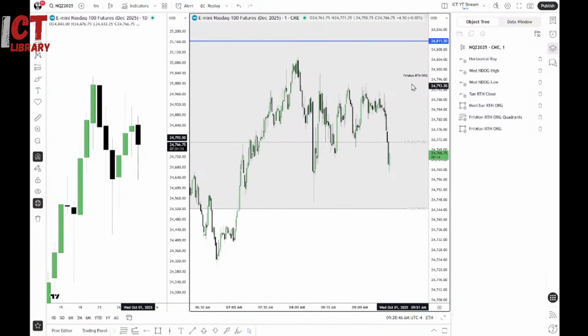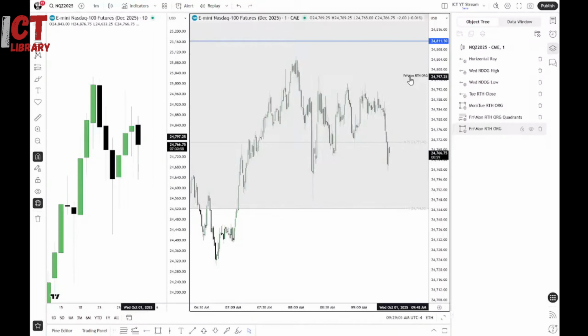You can see how that pretty well gives us the midpoint or consequent encroachment of the gap's midpoint between Friday and Monday's opening. So Friday close regular trading hours, Monday regular trading hours open. That's the opening range gap, or what we call RTH ORG.